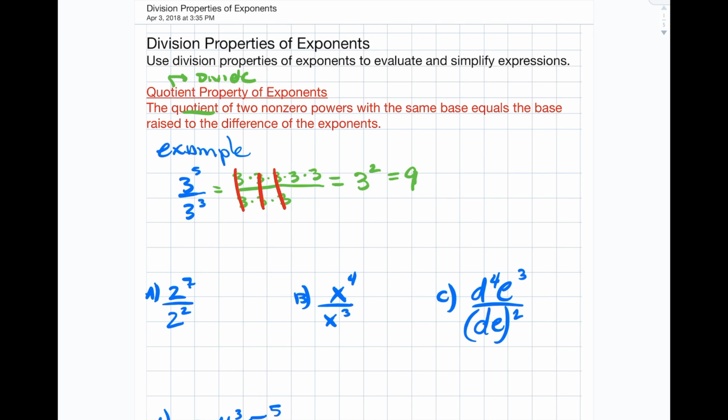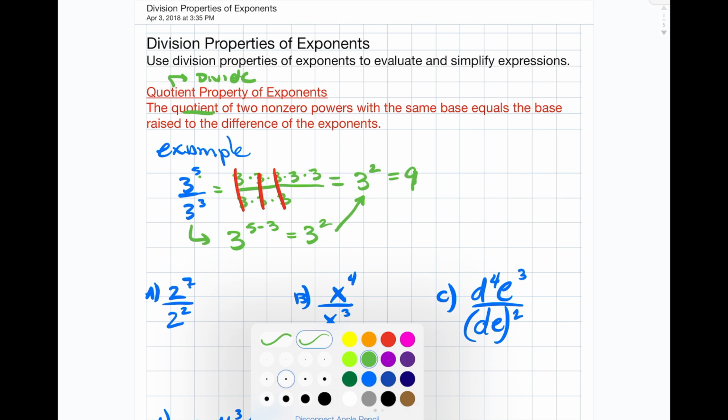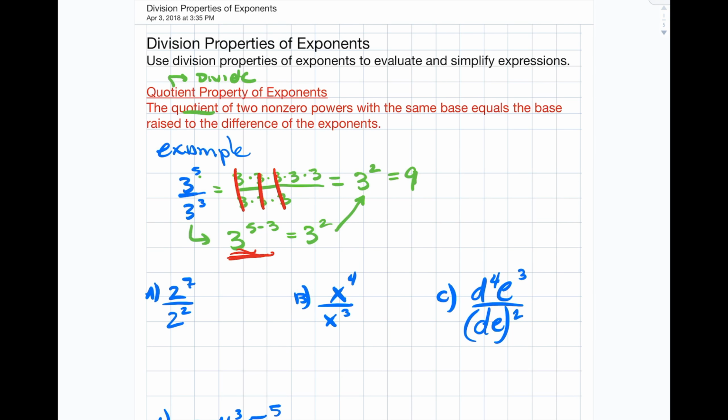But there's a much easier way: take the top exponent, 5, and subtract the bottom exponent, 3, and you get 3 to the power of 2, the same answer we got up here. So that's the quicker method we're going to use for these.